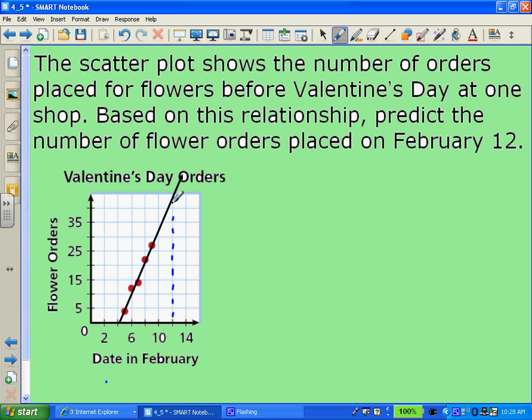I'm going to go up from February 12th until I hit my line, and then I'm going to go over. Let's see, this would be 35, 40, so I'm going to say about 42 orders for my prediction.